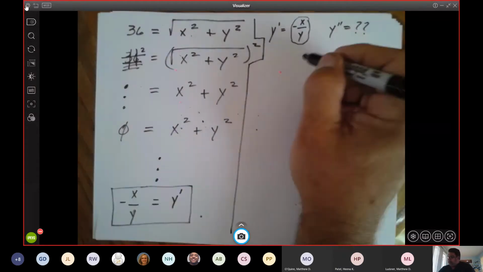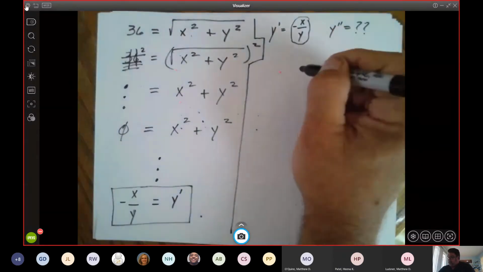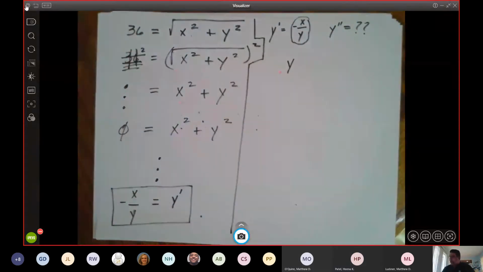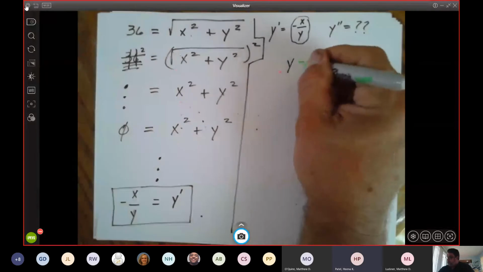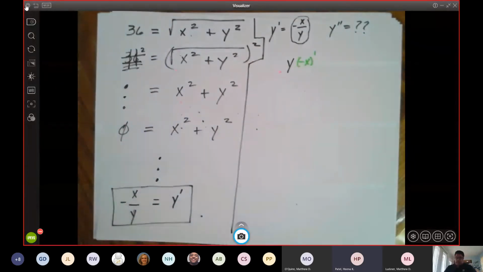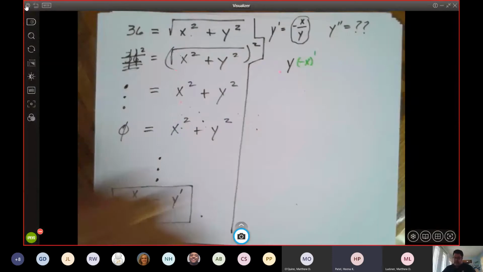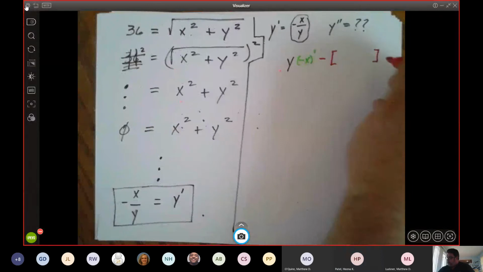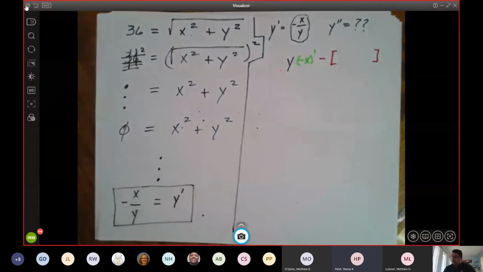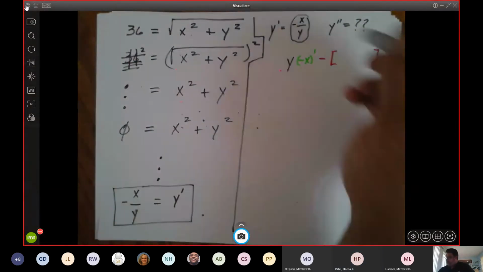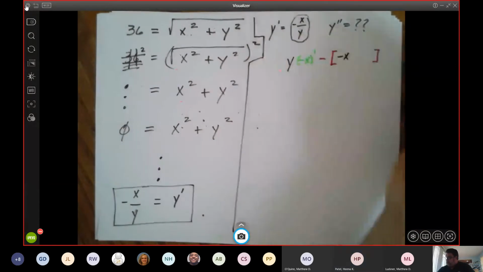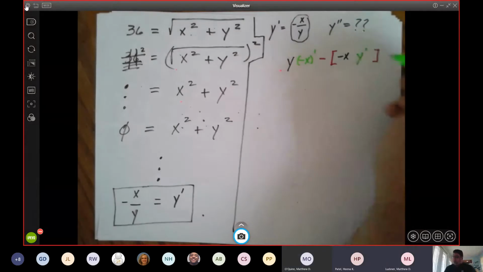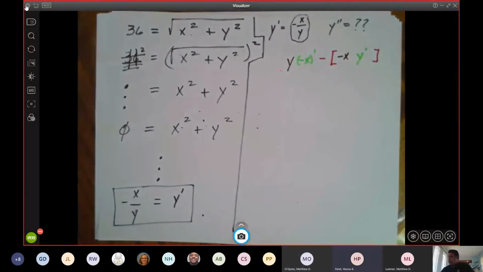So I get first our denominator times numerator prime, minus, I'll put that in red, minus the numerator, negative x, times the denominator prime, over denominator squared.